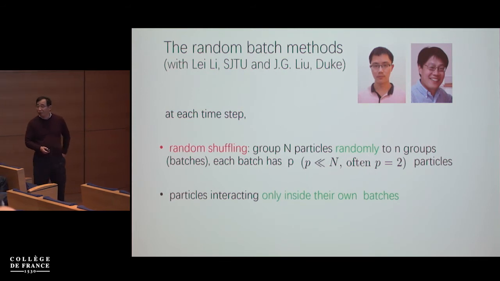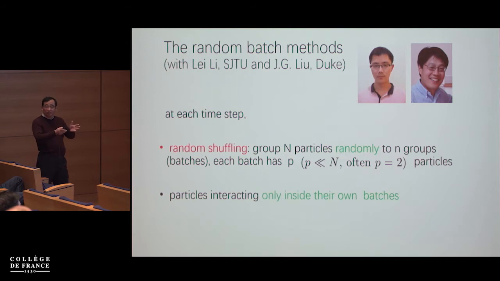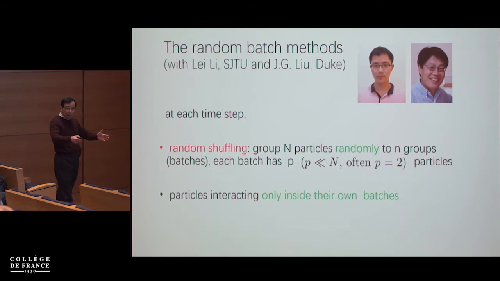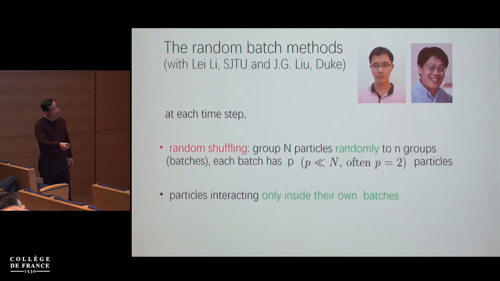So here is the method, just 2 lines. Basically we have these particles labeled from 1 to N. Suppose we select the time step, then at each time step, you do a random reshuffling. You randomly regroup the 1 to N into small groups, or batches, and each batch has only p particles.